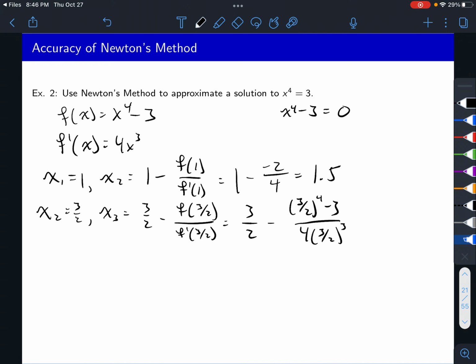I'm going to need my calculator for this one. All right, so we get 3 halves minus that over that.